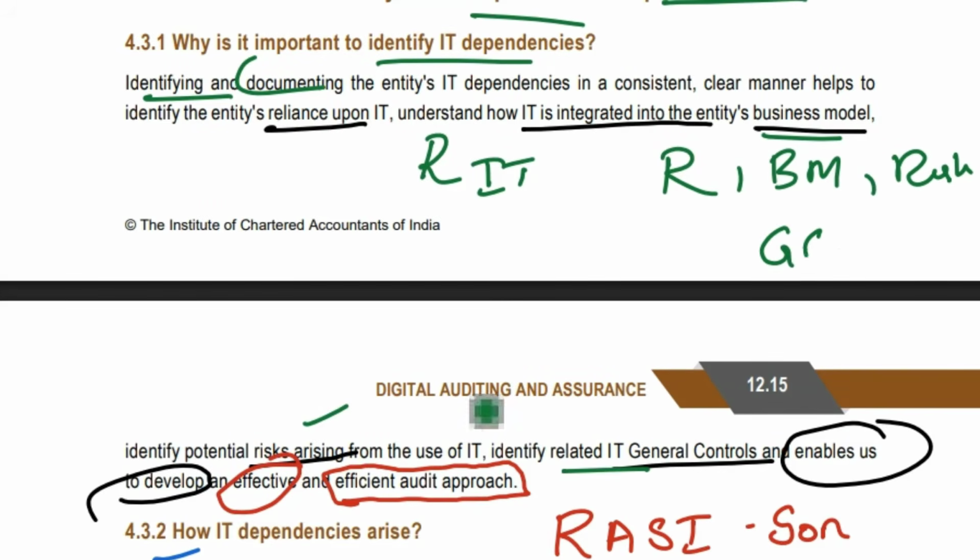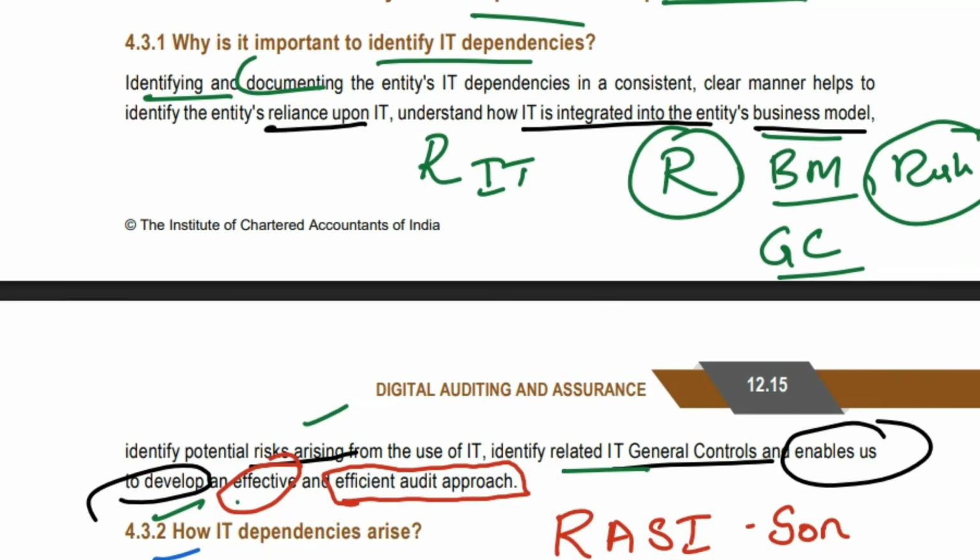So how is it integrated into the business model? What are the IT general controls? What is the reliance we have placed? What is the risk of using these IT dependencies? This is how we will understand these things. By identifying and documenting these things, we can go for an efficient and effective audit approach.